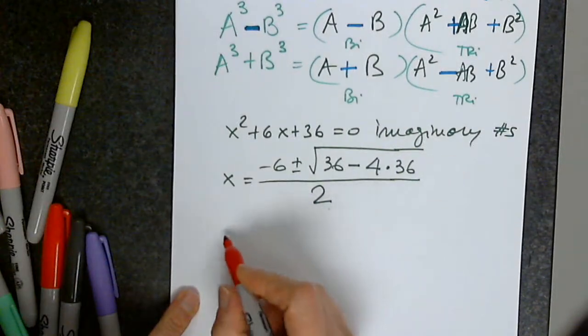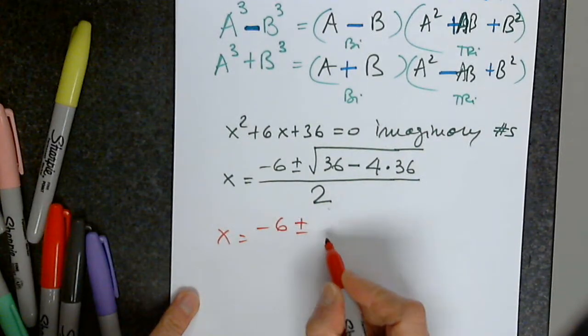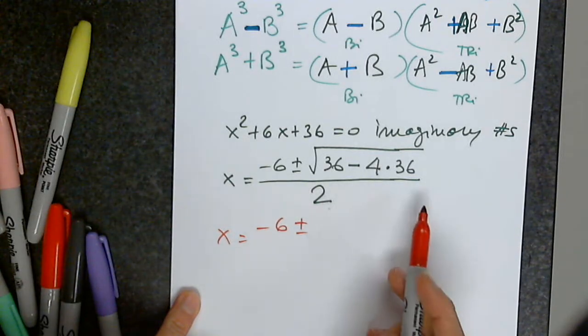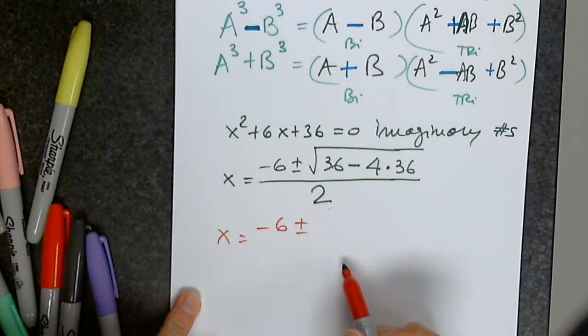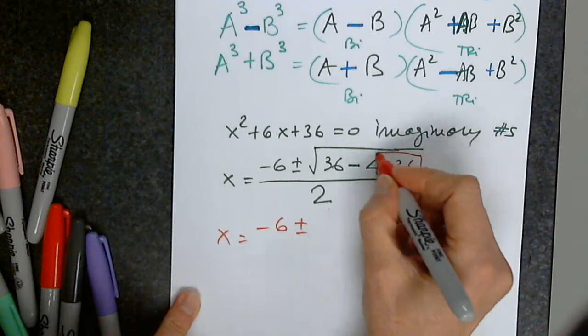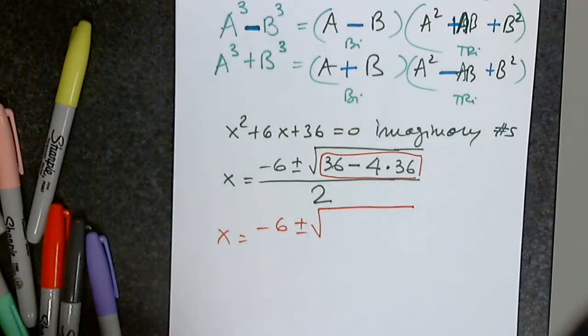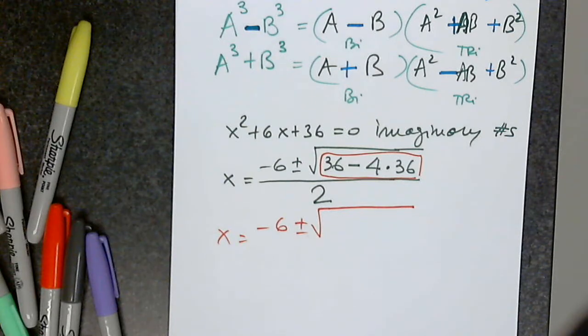So we continue, right? So this is negative 6 plus or minus. I don't want to multiply. I don't want to subtract. I want to factor. Can anyone tell us what I will factor under the square root from these two terms, so I can make my life easier instead of multiplying and then not knowing what to do with that big number? 180, negative 180.